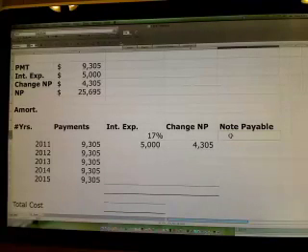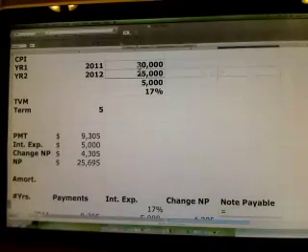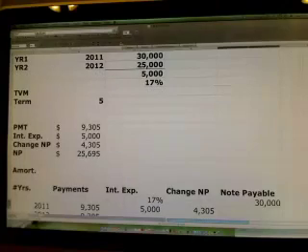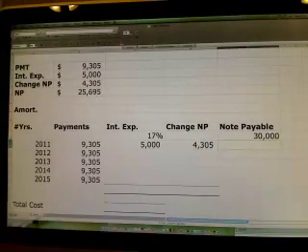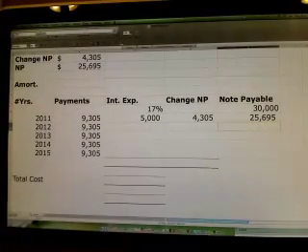Now my note payable, just below the word note payable, I want to show my present value, which was the $30,000. I want that to be there so I can see it. And I've already solved what the new balance for that note for 2011 will be, which is the $25,695. So I'll put that in there. This is what your table should look like so far.